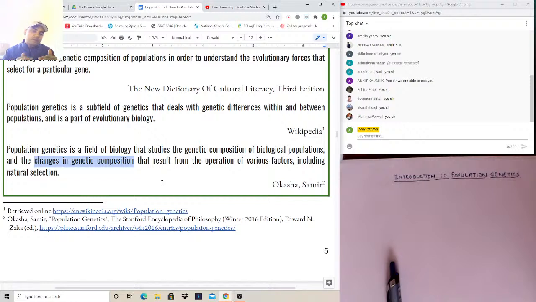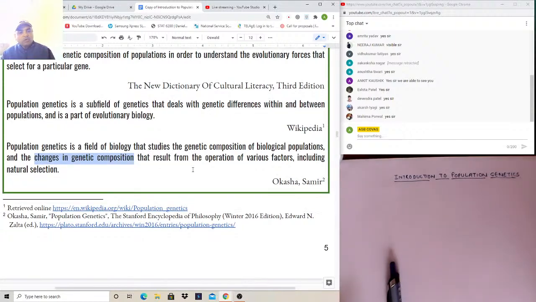Different people have defined population genetics in different ways, and my idea in giving you these different definitions is that by understanding them, you will be able to understand the intricacies of the subject, because in a definition there are hidden things that explain what you are going to study in future.